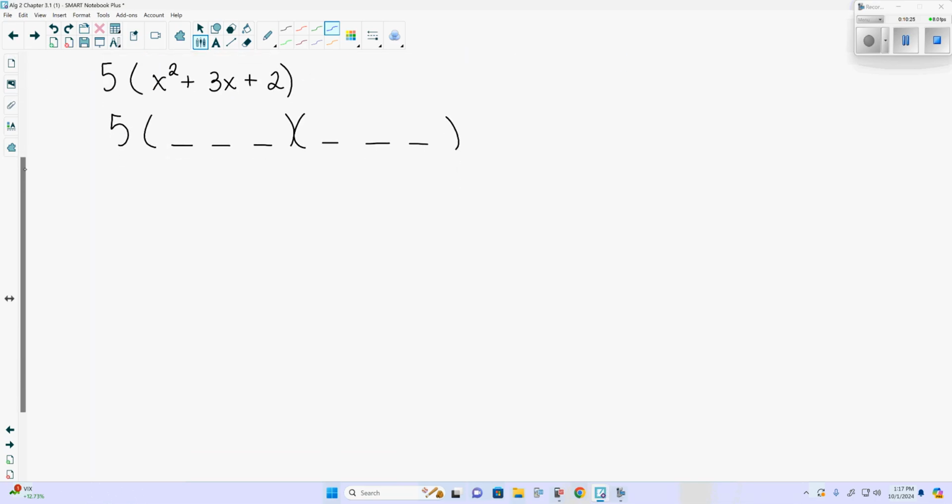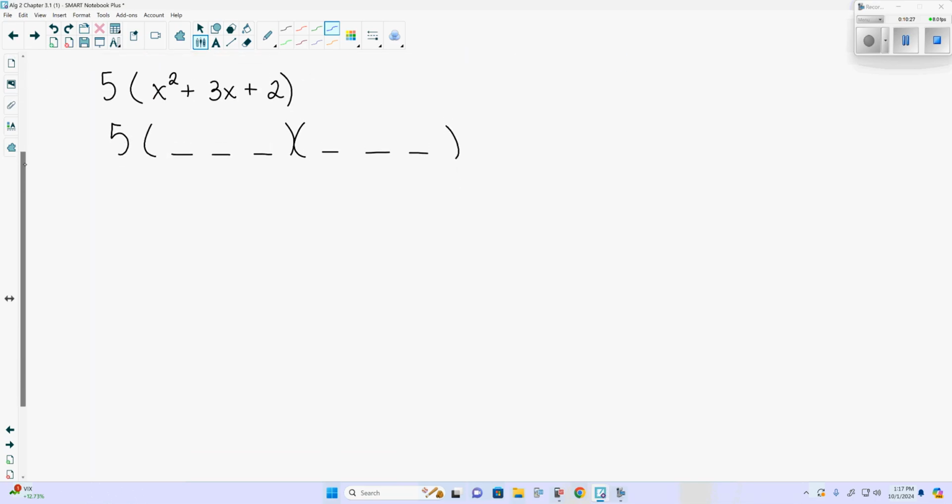So let's look at this here. So to find our signs, if the third term is positive, the signs are the same and match the sign of the middle term. If the third term is negative, our signs are opposite.